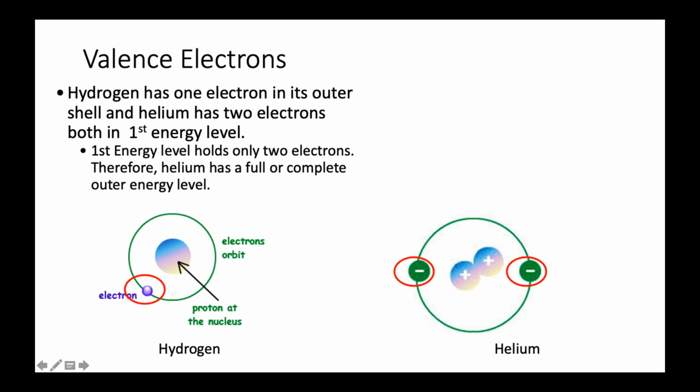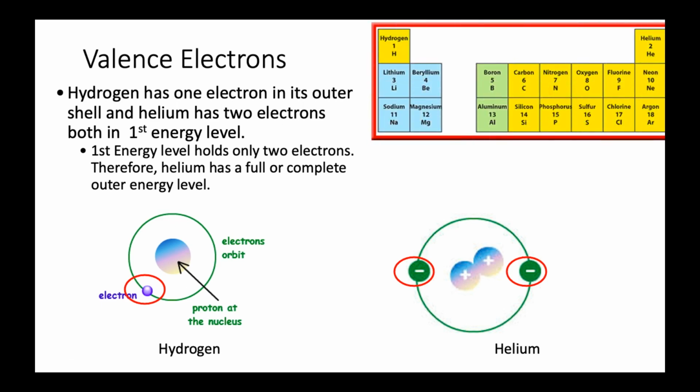If I look at helium, it's all the way at the end, and so helium has a full energy level. It's the last one in that column, so it has to be full, and it's full with 1, 2 electrons, or 2 valence electrons.